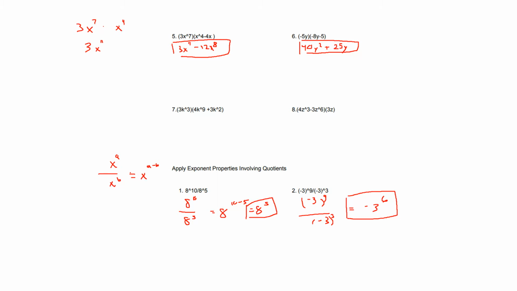Okay. Number 3 here, a little bit more complicated. So we have 5 to the power of 4 times 5 to the power of 8, and 5 to the power of 7. This is in parentheses, which is important because if we're going to use this rule, we know that we could simplify this top so that it becomes 5 to the power of something because it's the same base.